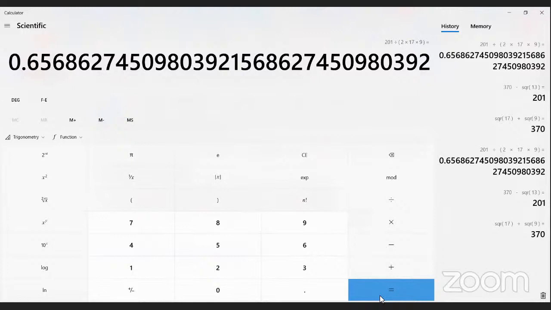We're going to use 0.6568. We're going to use 0.657. See that?